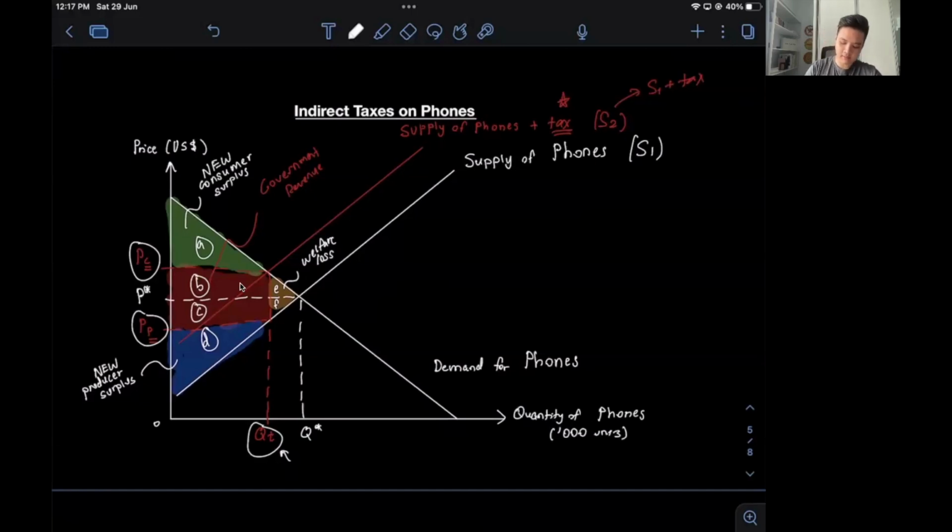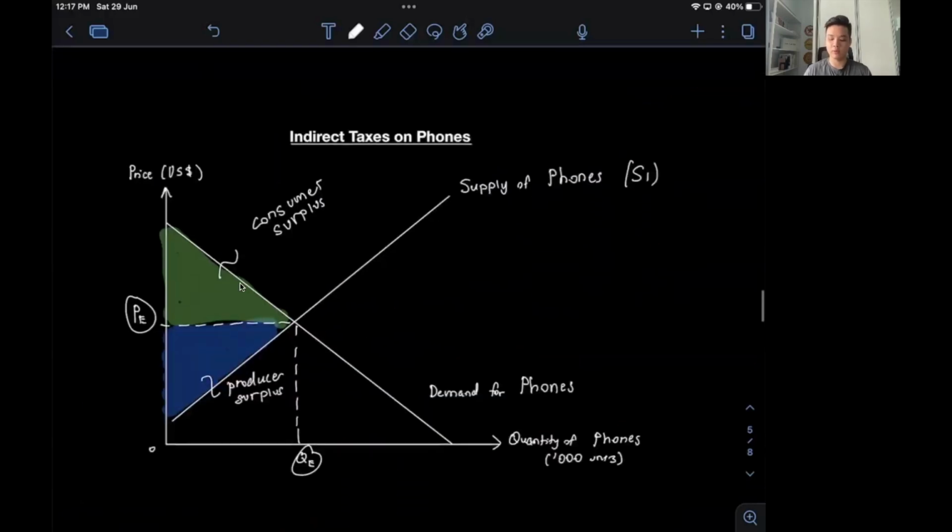But if you notice, there is this tiny triangle that represents welfare loss, reflected in the diagram as areas E and F. This shows how society as a whole becomes worse off because of the indirect tax imposed on phones. But please take note that this is only the case assuming the market was initially producing at equilibrium in the first place.